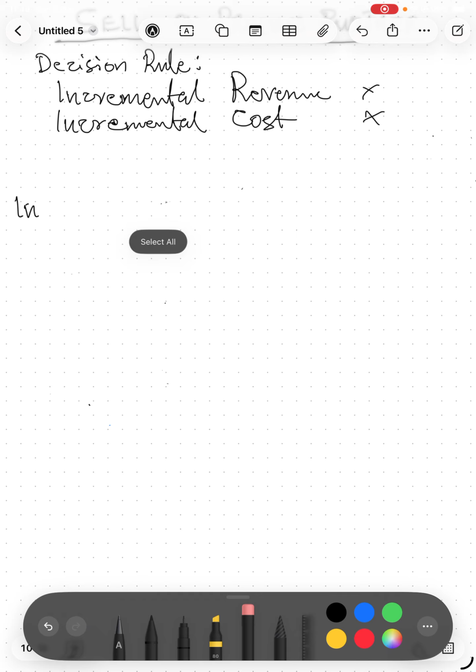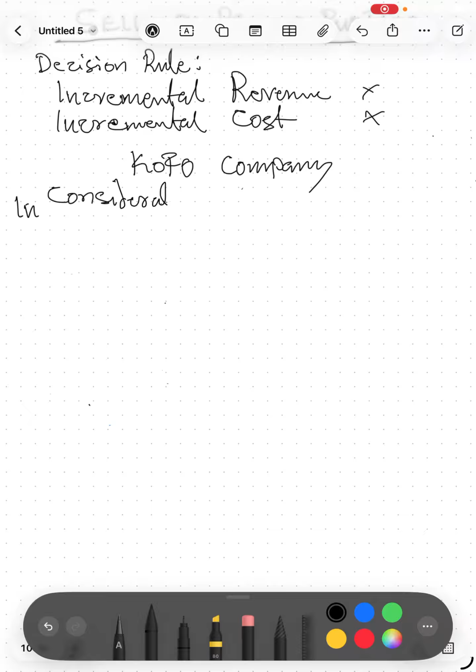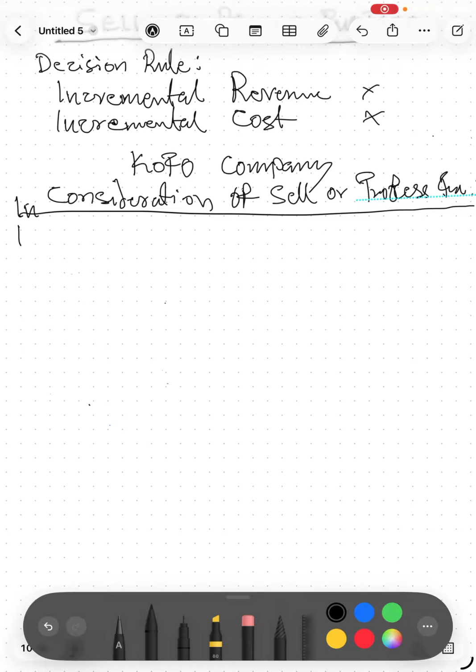So first of all, we have the Kofu company, consideration of sell or process further. So we look at what is our incremental revenue here.